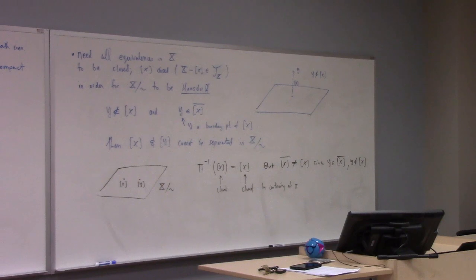What's a topological group? It's G, a group, such that what? Which is a topological space, right? It's got a topology. And what? Such that?